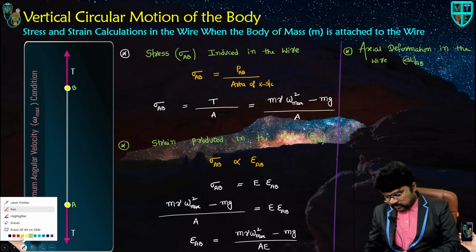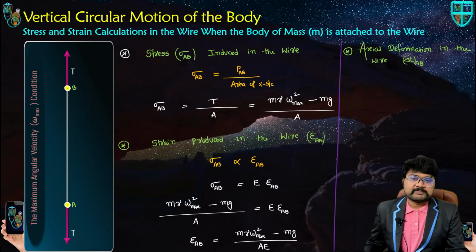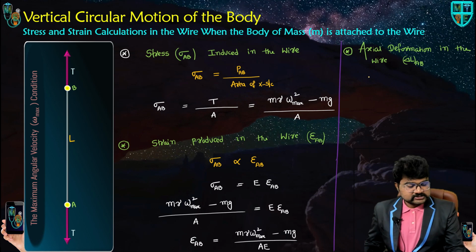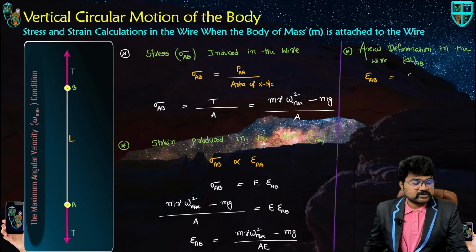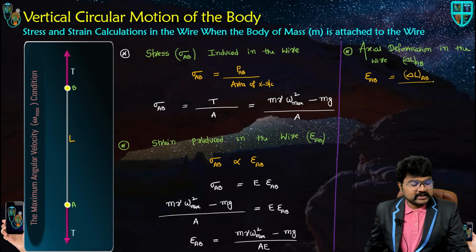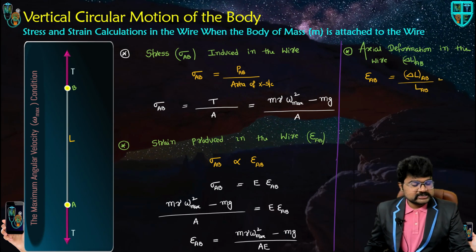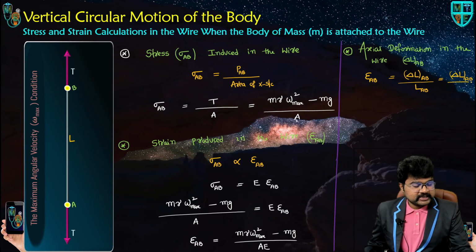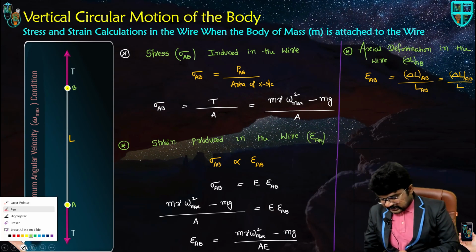Here I want to say strain produced in the wire is nothing but change in dimensions by original dimensions. Length of the wire L. So strain produced in the wire equals axial deformation in the wire by original length of the wire AB, that is equal to delta L AB by L. So finally, what is the delta L AB?